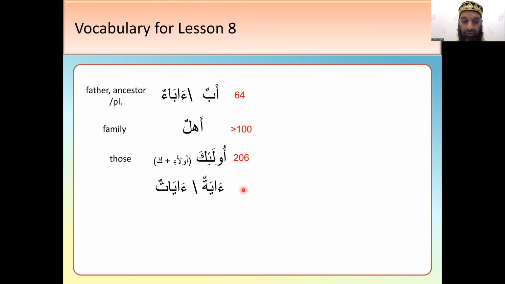Signs. As somebody mentioned, I read it somewhere, sometimes it means verse, sometimes it means sign. But each verse of the Quran is also a sign. Each verse is also a sign of the truthfulness of the Quran. Right? 84.